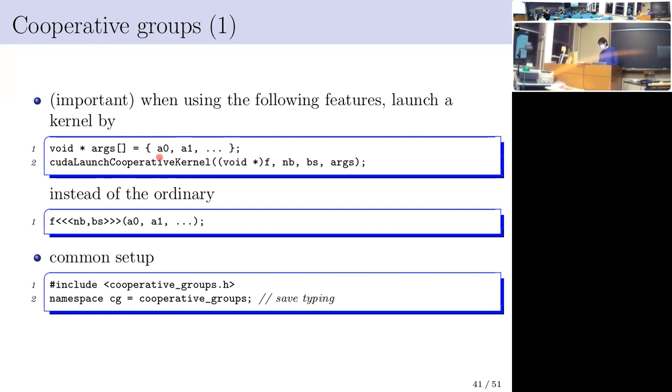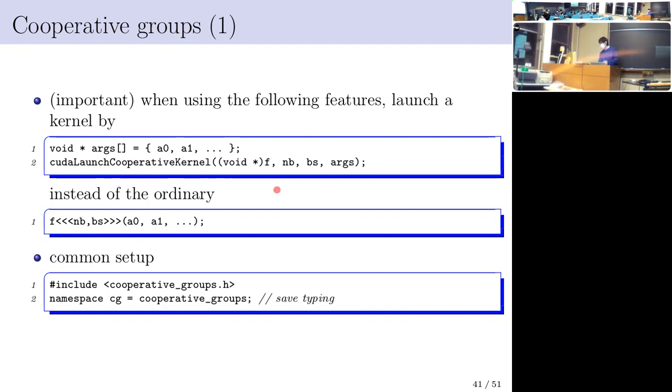So basically, when you use this cooperative groups I will be talking about, you need to call the kernel differently. So conceptually, it is almost doing exactly the same thing, but instead of using this convenient, awkward syntax like f<<<...>>>(a0, a1, blah blah blah), you instead need to call this function, CUDA launch cooperative kernel.